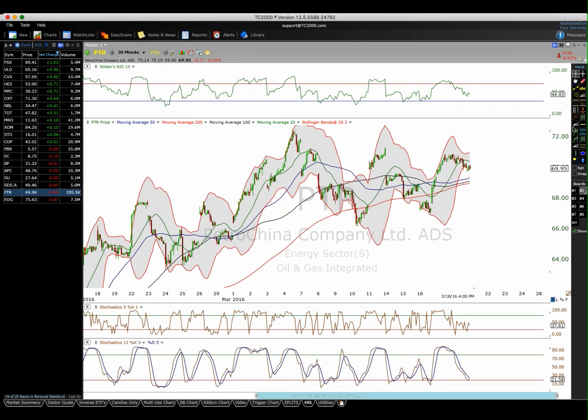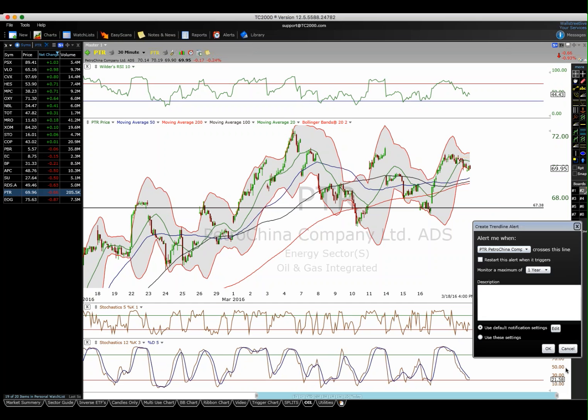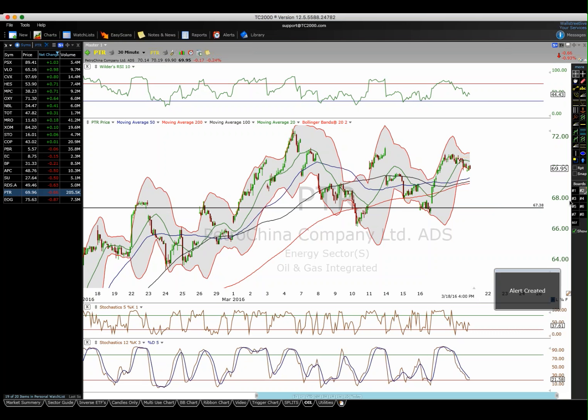Now, the first thing I'm going to do on this 30-minute chart is mark out a couple things. I have a trend line right here, okay? And a gap, I'm sorry. I need to set that alert. All right. I'll set these other ones after, okay?